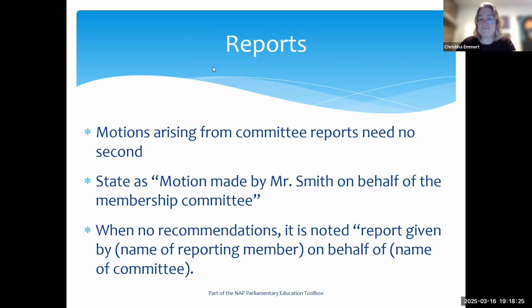Absolutely. Yep. Okay. One thing that I would point out that Robert's would tell you is that you don't want to adopt the reports when you adopt your minutes, because if you do so, then you have adopted every single word in every single report and made that the official position and statement of the assembly.